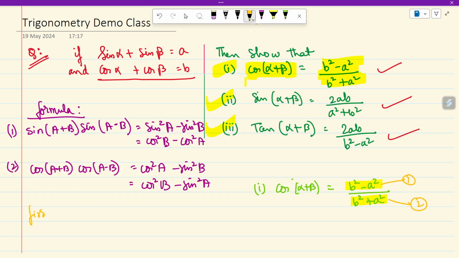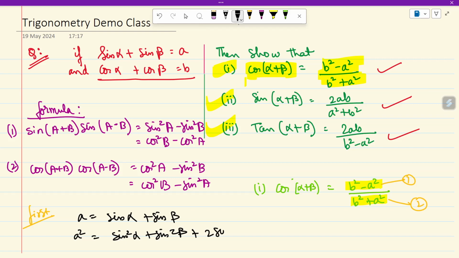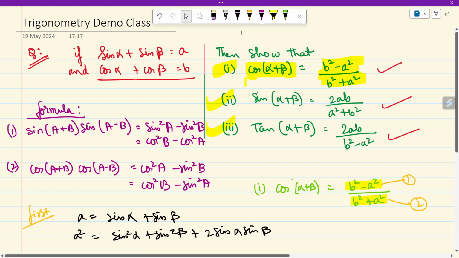First, it is given in the question that A is equal to sin alpha plus sin beta. So if we square it, A square comes to sin square alpha plus sin square beta plus 2 sin alpha sin beta. Similarly, let us find the value of B square.